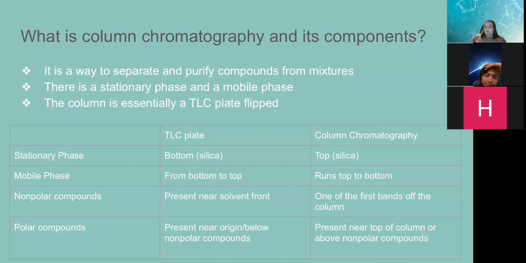Your mobile phase in a TLC plate travels bottom to top. In a column, you travel top to bottom, okay? Nonpolar compounds or nonpolar solutes are going to be closest to the solvent front in the TLC plate, which means they're one of the very first bands to come off the column. All right, you guys can read the rest of that.